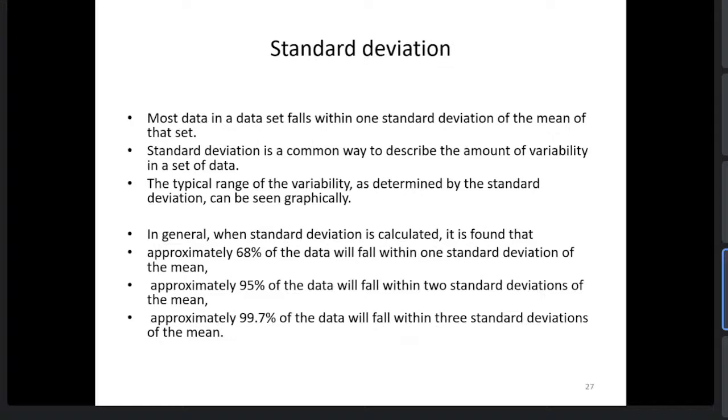And if we consider three standard deviations, that is x plus minus 3 sigma, then 99.7% of the data will fall within that range. Okay, so I'll move to the next slide.